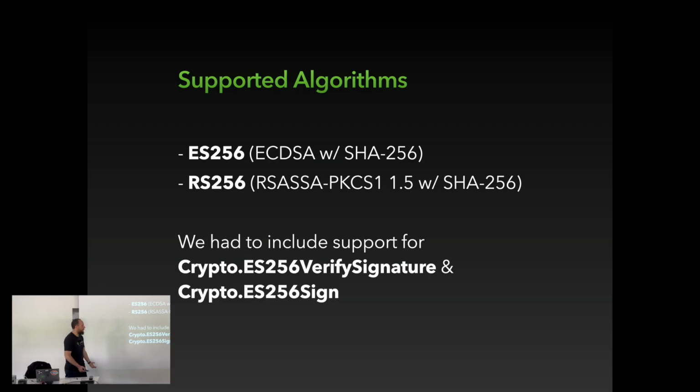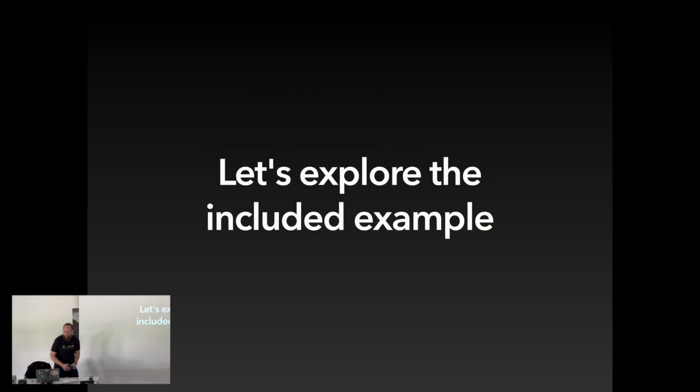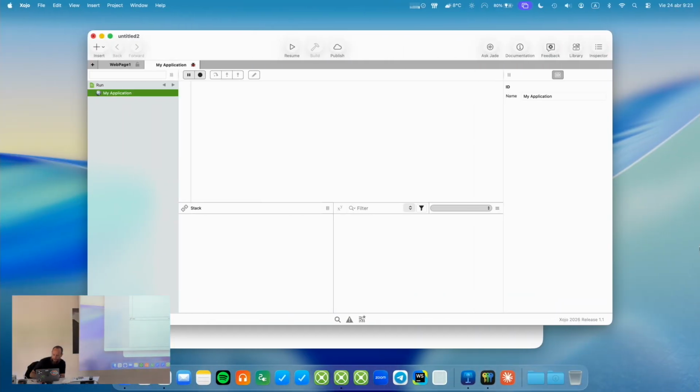And this is really useful for interacting with Apple web APIs, like, for example, App Store Connect that Javier is already using, or Apple Music API, Weather API. They are using this kind of signature for creating the JSON web tokens. We have an example included.